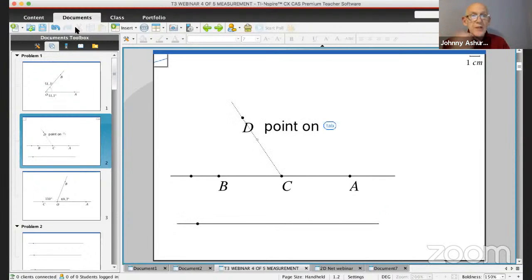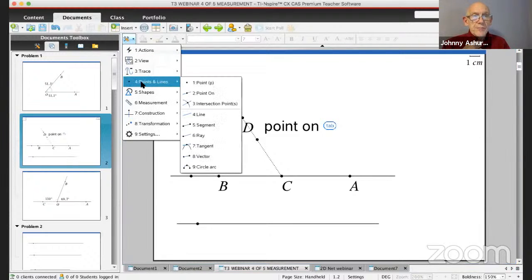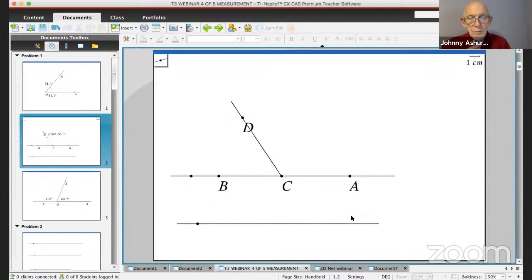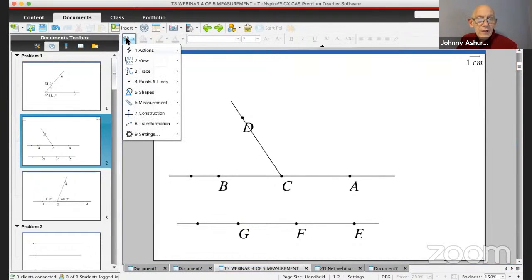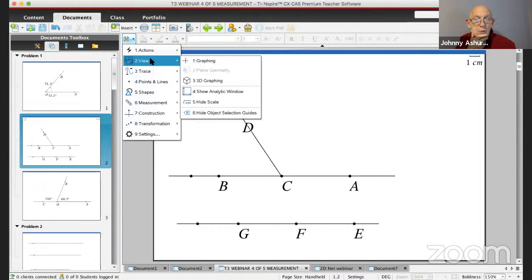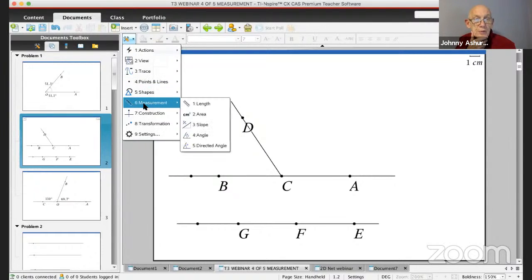And I'm going to once again place points on that line. Now, here's the challenge. I'd like to create an angle on that new line, GFE. And I'd like for angle F, or position F, to be the vertex of this angle.